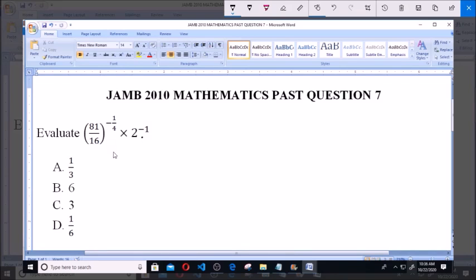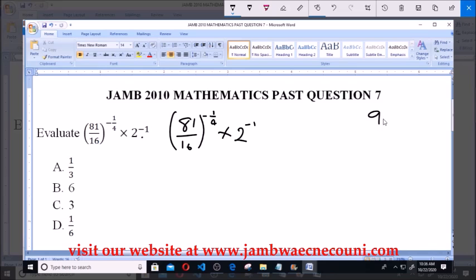Now we have to evaluate this expression: 81 over 16 raised to the power of minus 1 over 4 multiplied by 2 raised to the power of minus 1. Looking at this from indices, a negative power simply means, from indices, A raised to the power of minus n is equal to 1 all over A raised to the power of n.